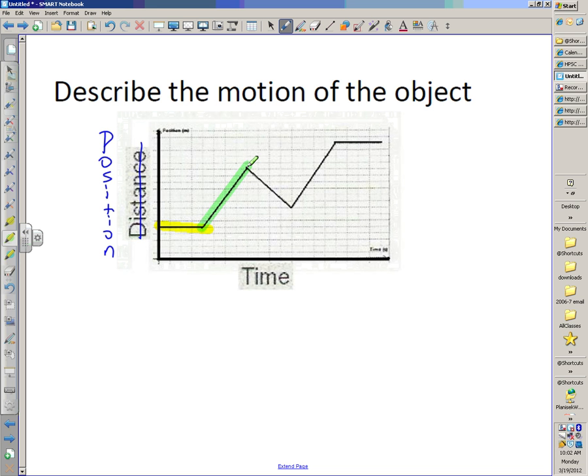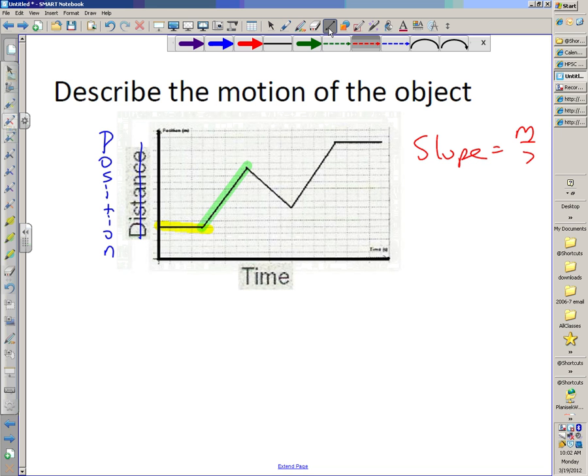Lauren, what did we say about the slope of this graph? What does the slope on a position time graph tell us? Velocity, right? Remember the whole meters per second thing. Nick, what do we see about the slope of this graph through that section?